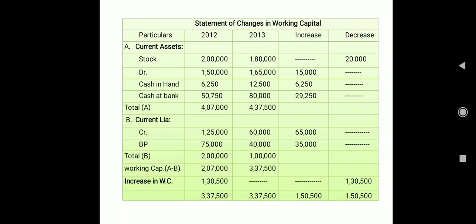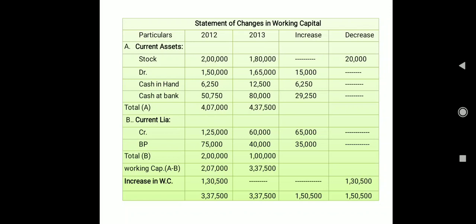Now we need to calculate whether it is an increase or decrease. It's very clearly visible: 2012 working capital is 2 lakh something, and in 2013 it is 3 lakh something. So definitely it is an increase compared to the older year.